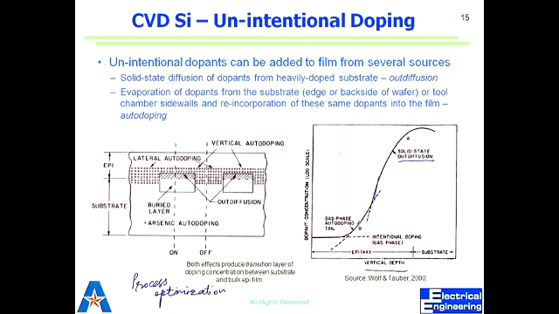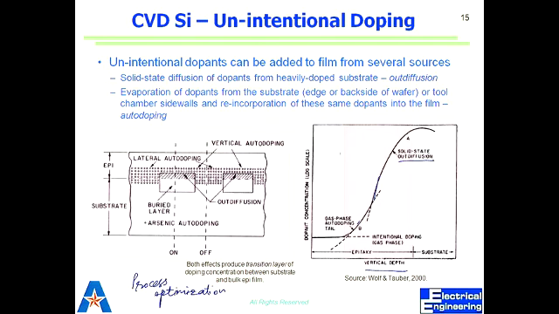Right? So the deeper you go, the different is the process. The deeper you go, then it's the out diffusion that happens. If it's close to the surface, then it's the autodoping that happens. So it's a high temperature process, so you'll have your diffusion to go places where you don't want them.